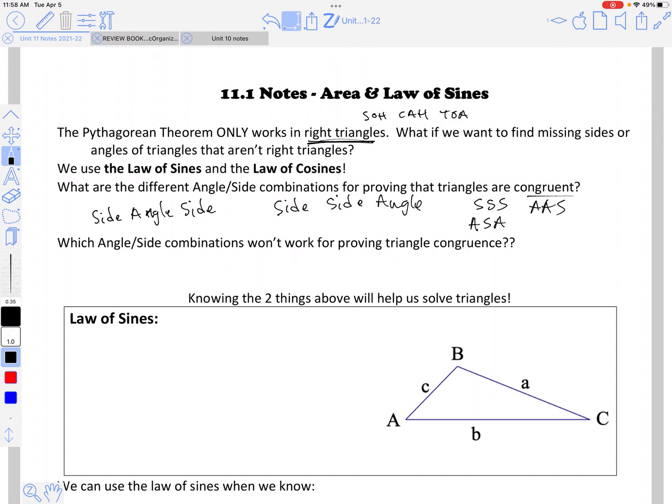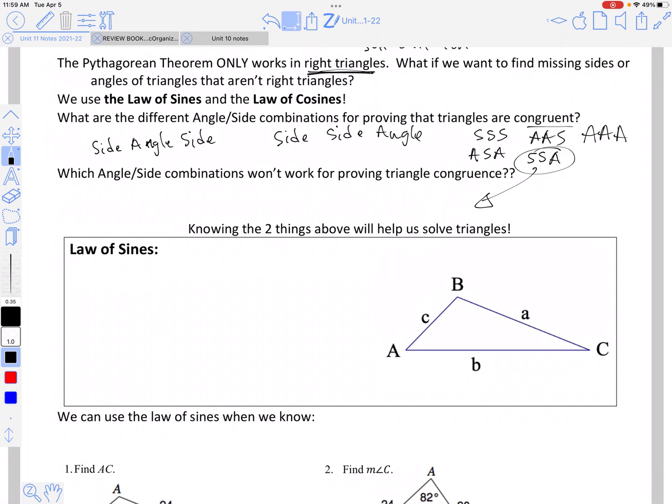And then there was this one that didn't really work for congruencies, angle, side, side, which spells a bad word, so I have to be careful. Angle, side, side did not work in proving triangle congruence, but all of the others did, and I missed angle, angle, angle. I'm going to reference those, but we're not going to really use them to prove everything, but I'm going to talk about those a little.